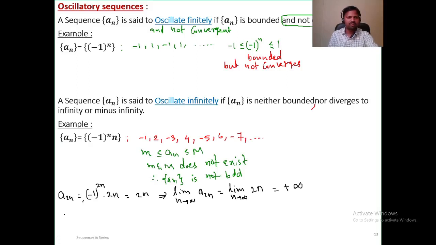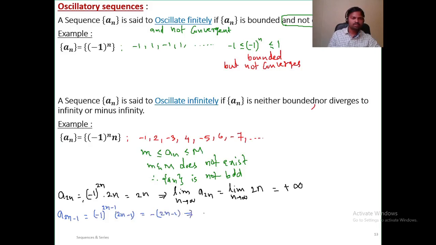Similarly, the second subsequence, a_{2n-1}. The nth term of the second subsequence is a_{2n-1}, wherever n, there you write 2n minus 1: (-1)^{2n-1} times (2n-1). That's it, and (-1)^{2n-1} is always negative. So it is minus of (2n-1).